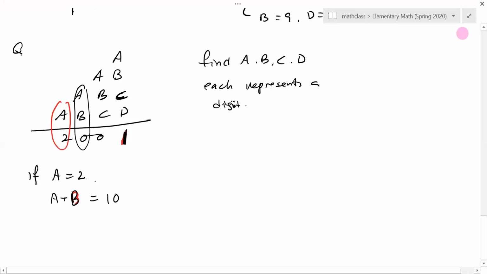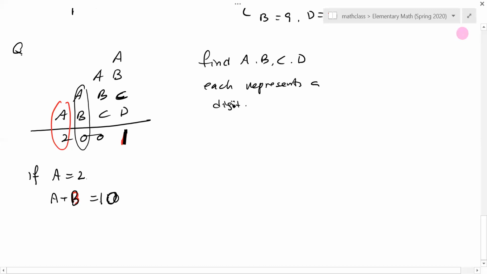If A is 2, nothing came from before, so A plus B cannot be 10. The reason is, if A plus B is 10, you have to give a 1. Let me try to figure it out. Let's do it separately.